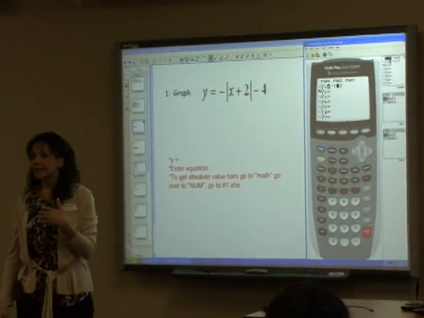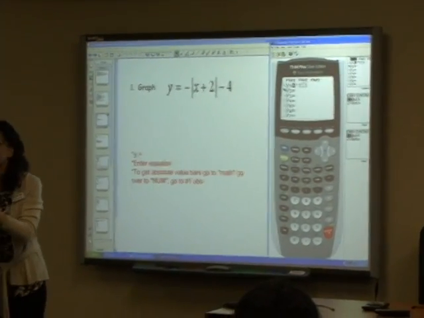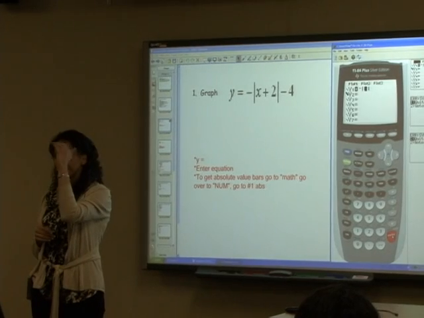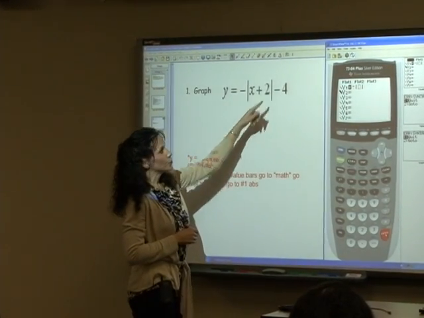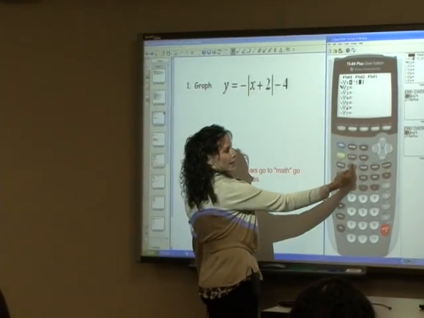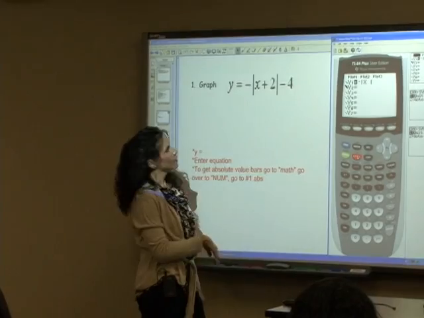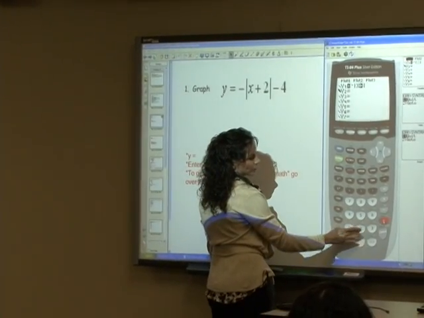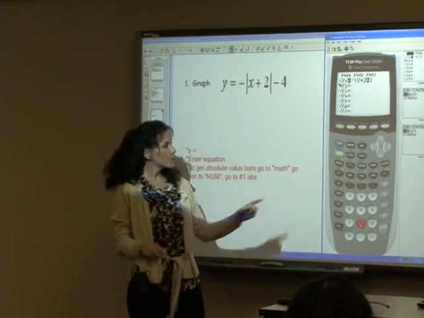Now mine, since it's an 84, actually has the line. If you have an 83, you will have a left parenthesis. Okay? I need x plus 2. So your x button is right here above your apps key. Plus 2. Now if you have an 83, you're going to close your right parenthesis.